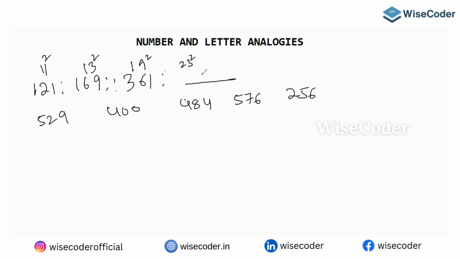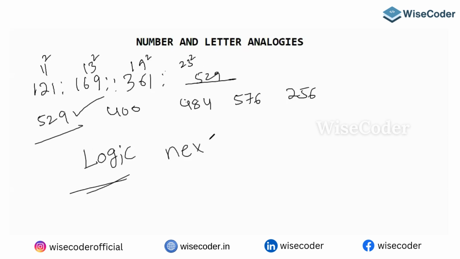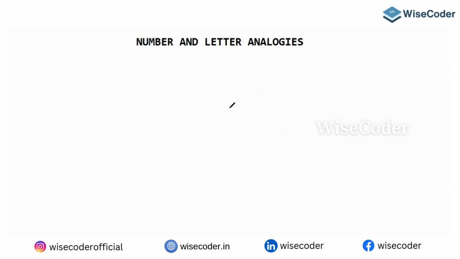So what is 23 square? 529. Is 529 present in your options? Yes. So what is the logic here? Next prime number. Let's go to the next question.